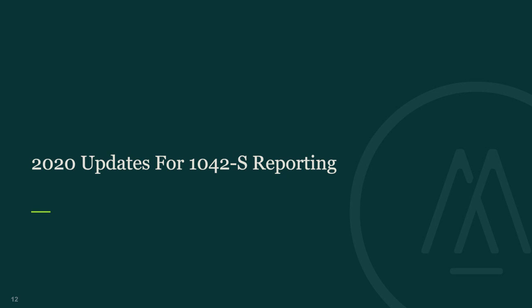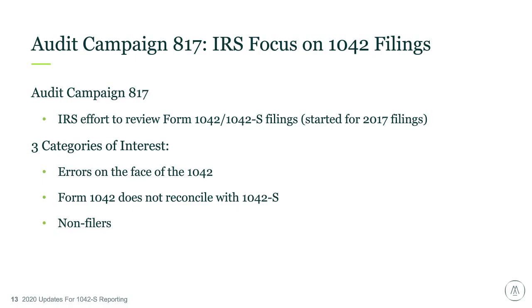The other main update is this Audit Campaign 817, an IRS focus on 1042 filings. You might have heard about this before, so it might not seem like a recent update.